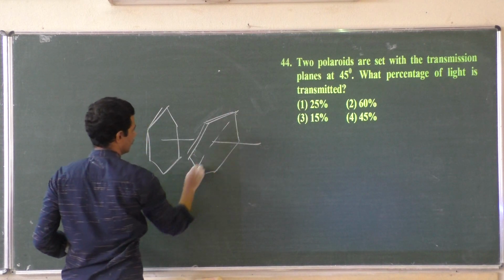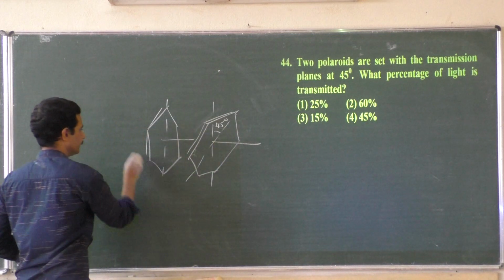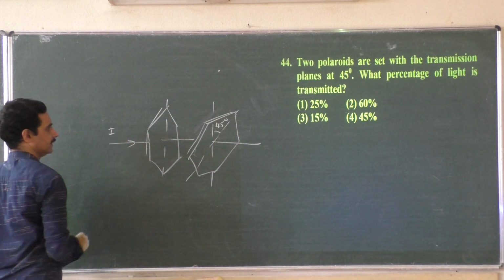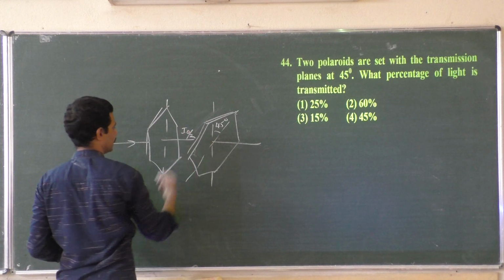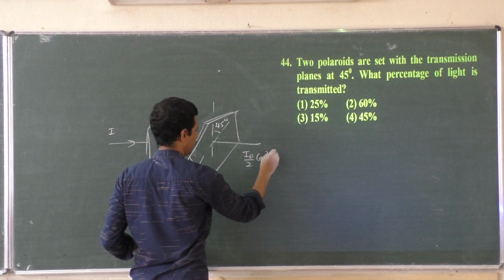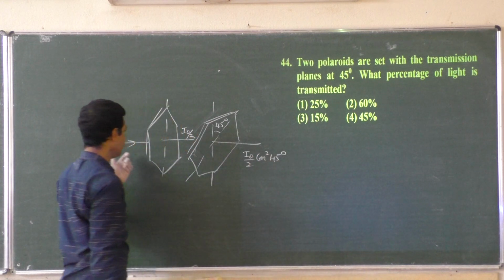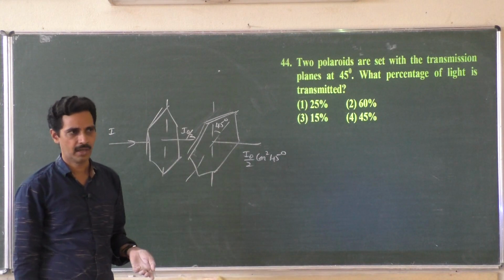This is at 45 degrees to the original axis. If I naught is the incident intensity, I naught by 2 will be the case here. What about here? I naught by 2 cos squared 45 degrees. When unpolarized light is incident on any polarizer, the outgoing light will be 50%, I naught by 2.